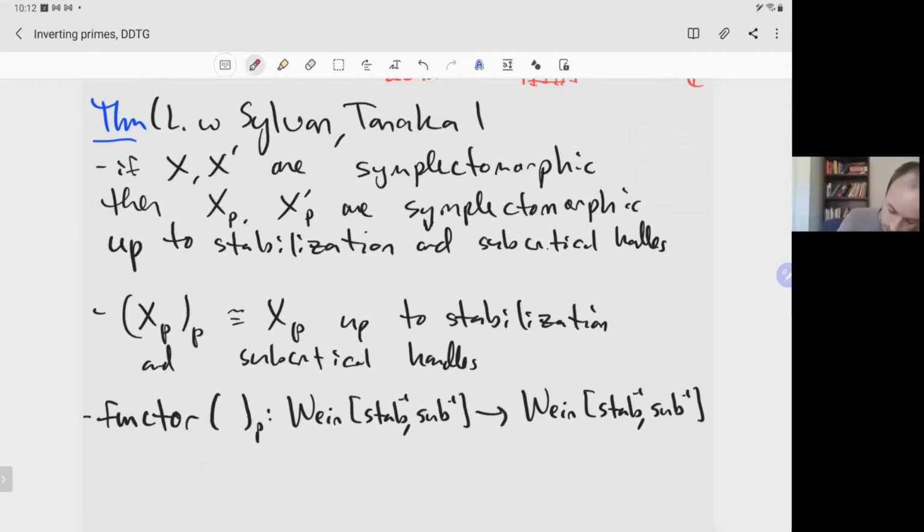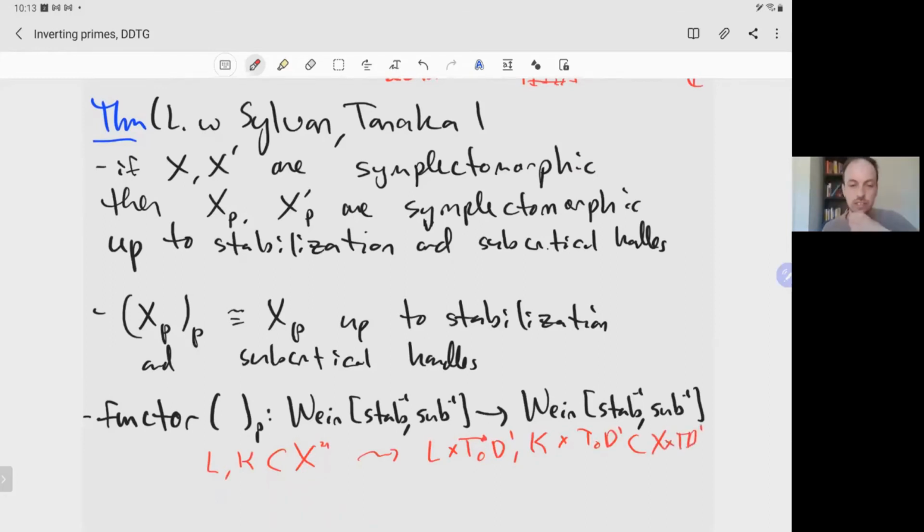But addressing this question of Lagrangians, and why stabilization at least helps: suppose you have two Lagrangians, L and K, which might intersect in X. Then you're supposed to consider them as Lagrangians in the stabilization. You cross with a cotangent fiber at the origin, and in fact these Lagrangians can be made disjoint, because this one is isotopic to a fiber at some other point. So this extra dimension allows you to disjoin them.